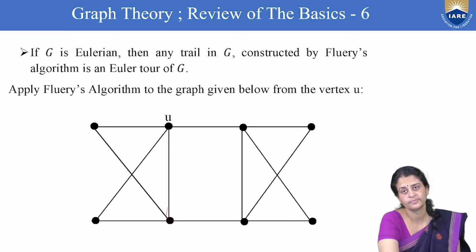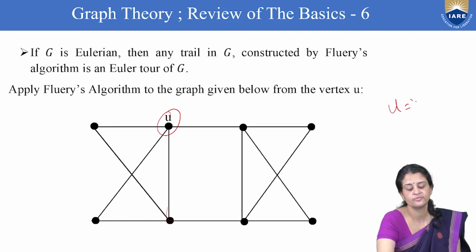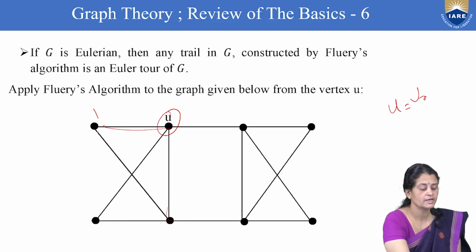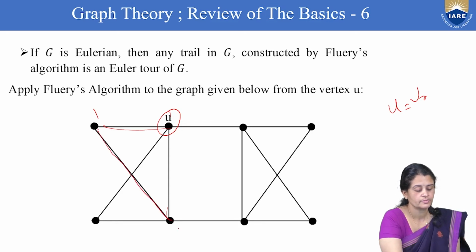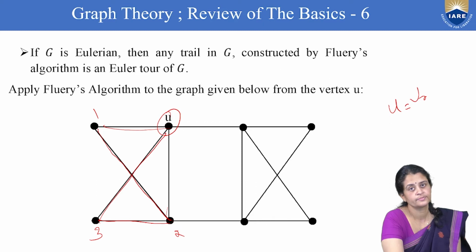How can we apply it here? Starting from here, it is considered to be V0. From here I go to this vertex, let it be 1, then to 2, then 3. Going again from here, I have no other edge to choose, so I have to choose this edge, 4.